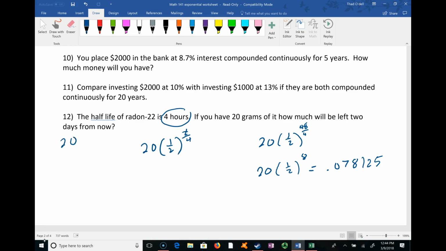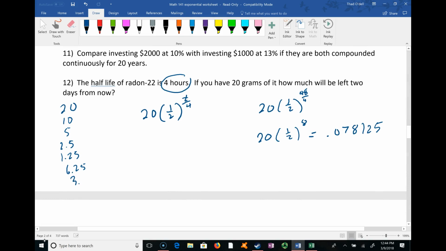So 20, half of 20 would be 10, half of 10 would be 5, half of 5 would be 2.5, half of that would be 1.25, half of that would be 0.625.